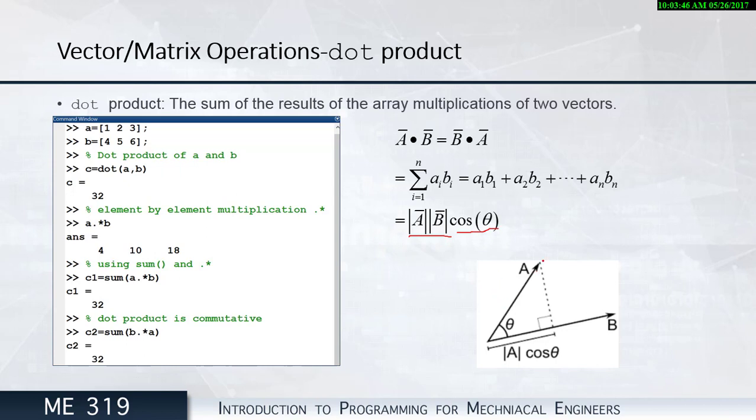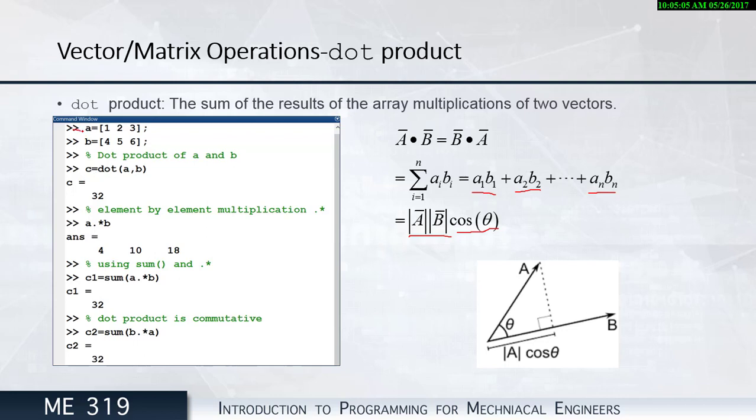Theta is the angle between vector a and b. As shown here, the dot product of two vectors a and b can be obtained by element multiplication and adding them together. It can be done in MATLAB like this.